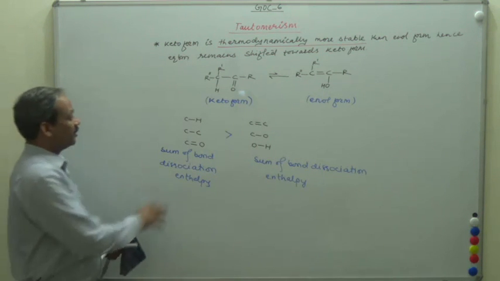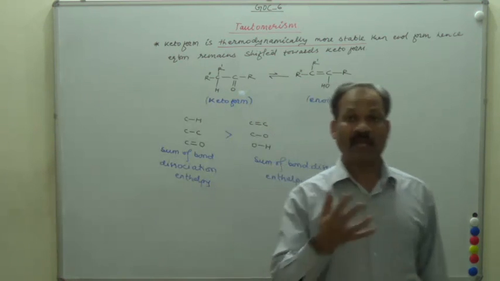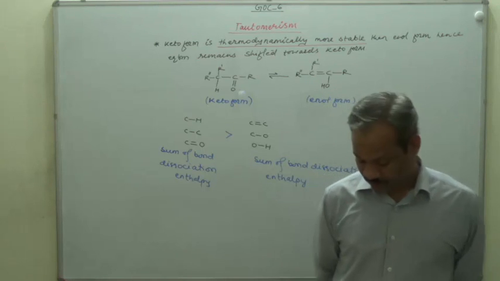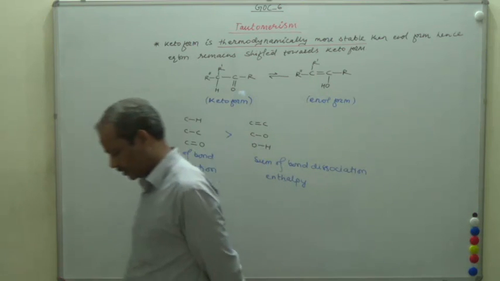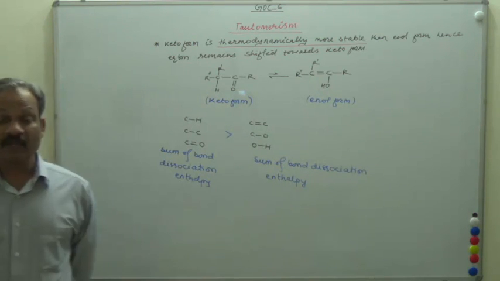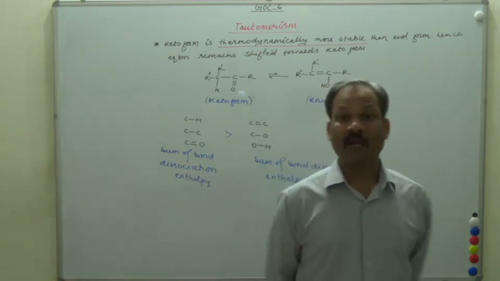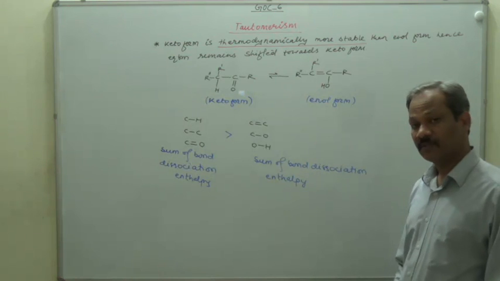So that's why ketonic form can exist at higher temperature because of its higher bond dissociation enthalpy, because of its higher decomposition temperature. It will get decomposed at higher temperature because of its high value of bond dissociation enthalpies.